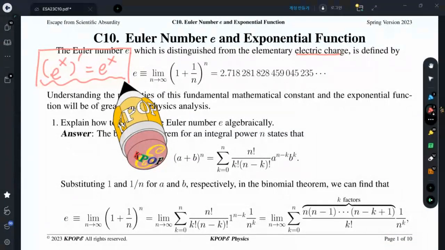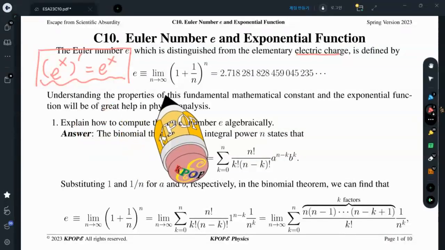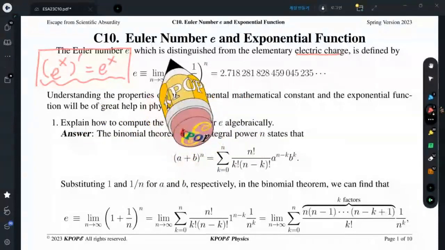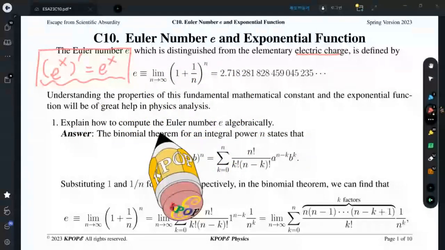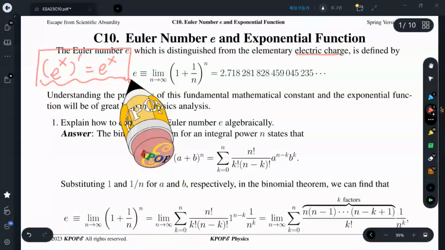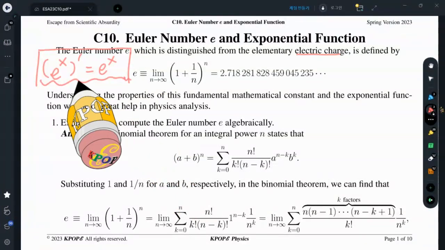So this is the simplest definition of this E, and it appears in various problems because of this fundamental nature of its derivative being itself.